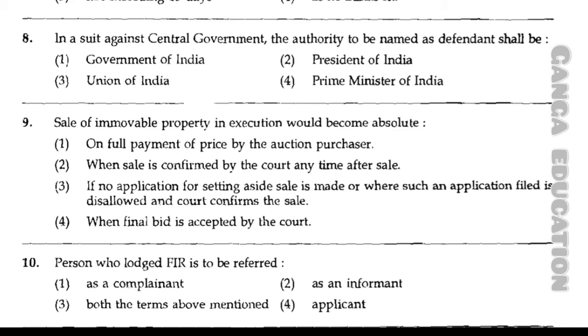Option number 3, if no application for setting aside sale is made or where such an application filed is disallowed and court confirms the sale. Option number 4, when final bid is accepted by the court. And the correct answer is option number 3, if no application for setting aside sale is made or where such an application filed is disallowed and court confirms the sale.